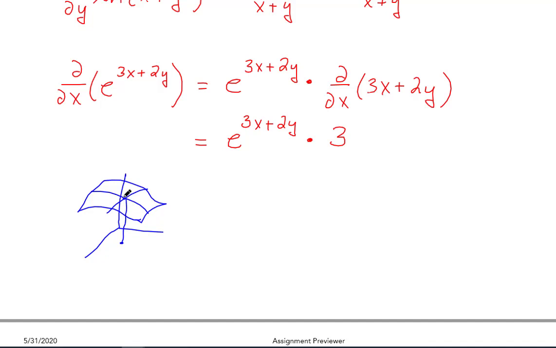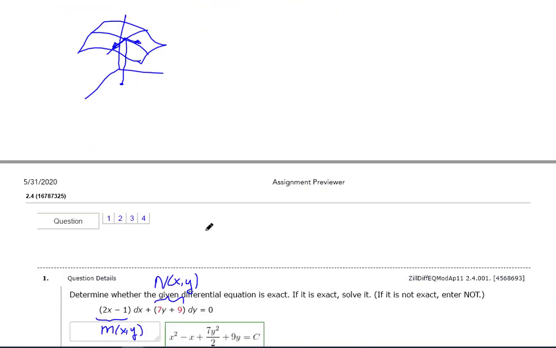Then when I hold y constant, the partial derivative with respect to x gives me the slope toward the x-axis, and when I take the derivative with respect to y, I'm holding x constant, so it gives me the slope of the tangent line pointing down the y-axis. So a little bit of an understanding of partial derivatives.